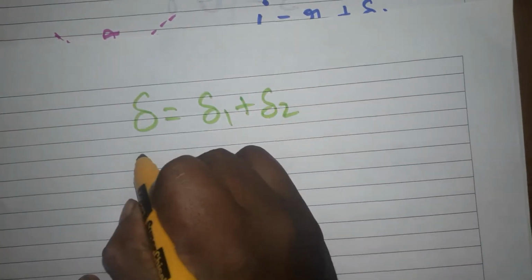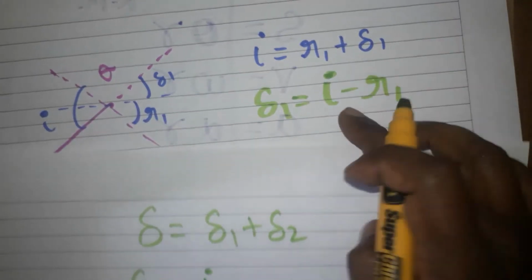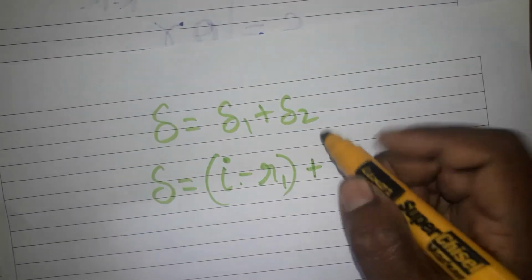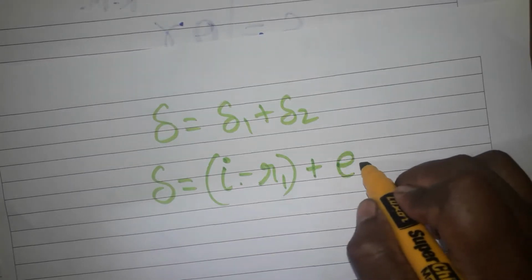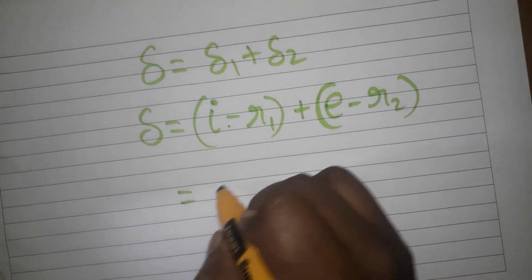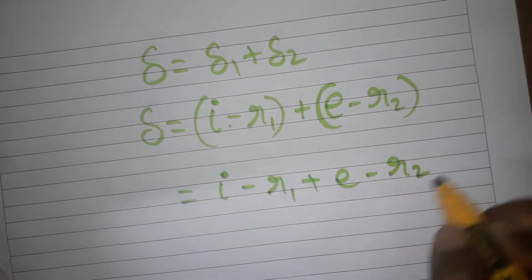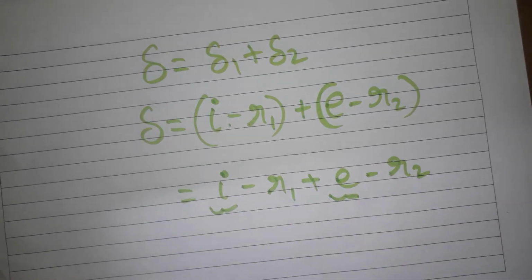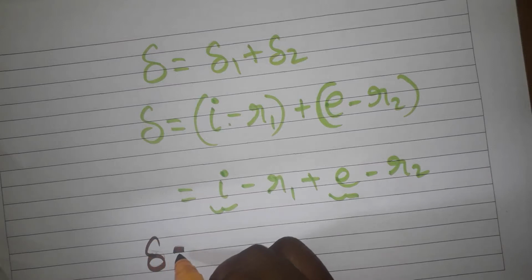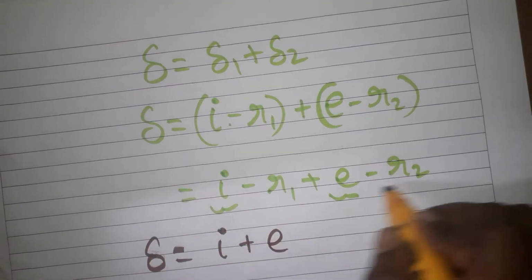Deviation 1 is I minus R1, and deviation 2 is E minus R2. Just a simplification I am doing. So I minus R1 plus E minus R2. I and R I am making separately. See here, total deviation is equal to I plus E minus R1 minus R2.